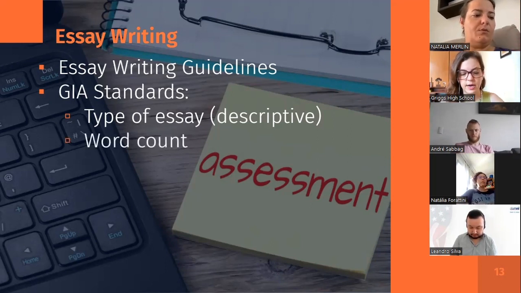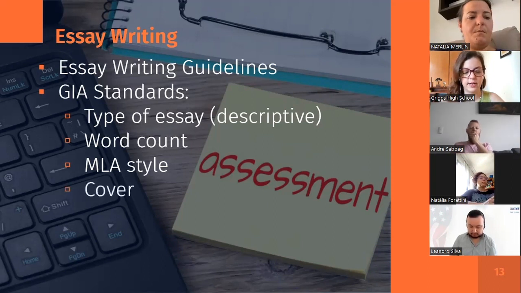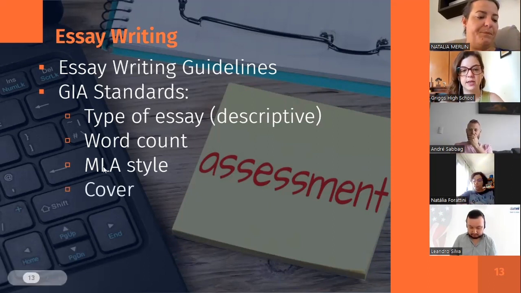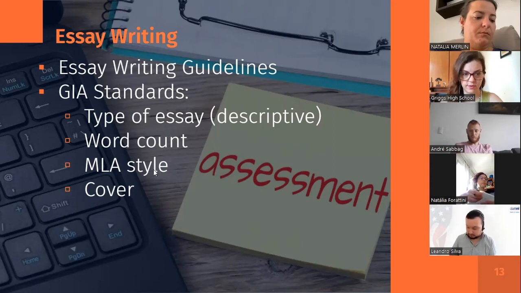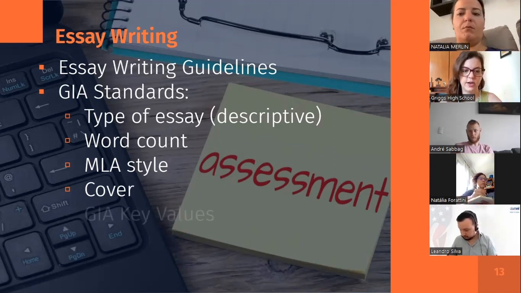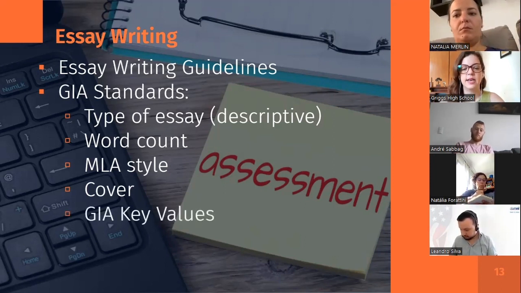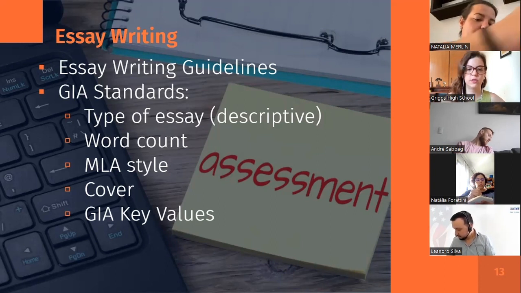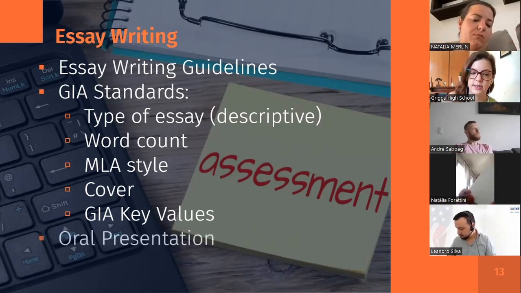Then we have the word count. I'm going to show you. We follow MLA style. That's the formatting style. MLA, if you look online, doesn't require a cover, but for Griggs, we require a cover. So the essay has to have a cover. The students need to include the GIA key values in the essay.